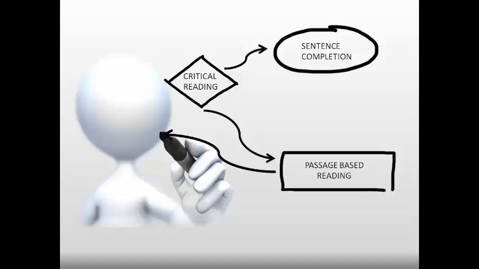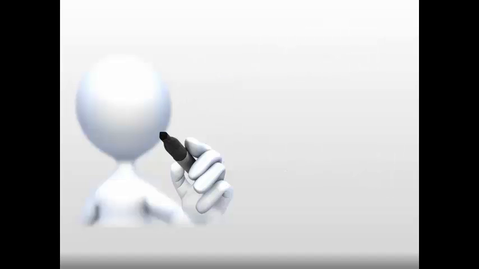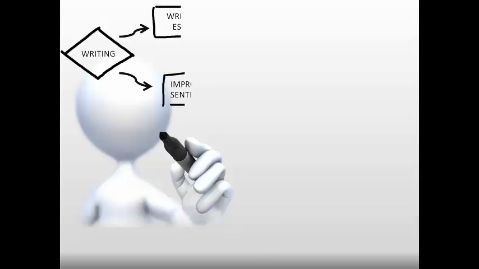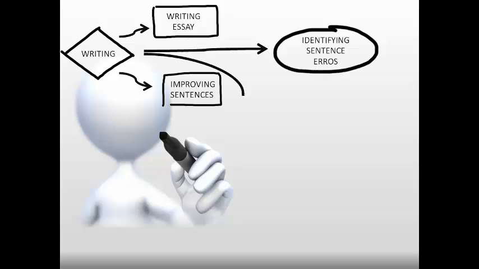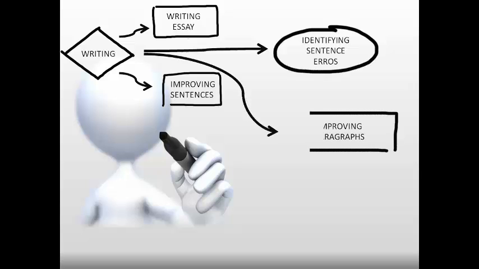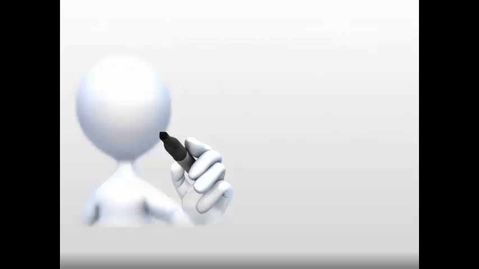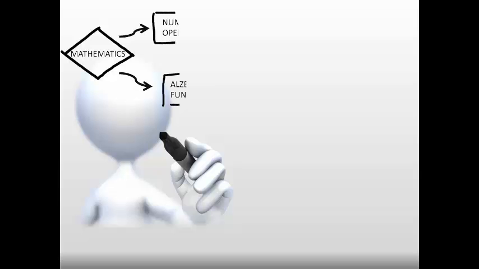Again, those are extended reading, vocab, and stuff like that. And writing is writing an essay, improving sentences, identifying the sentence errors, and improving paragraphs. Math has numbers and operations, algebra, statistics, and geometry and measurements.